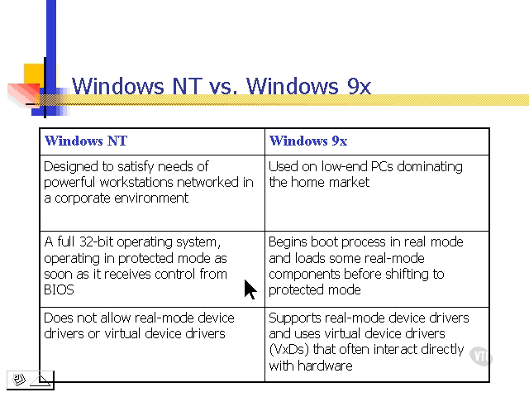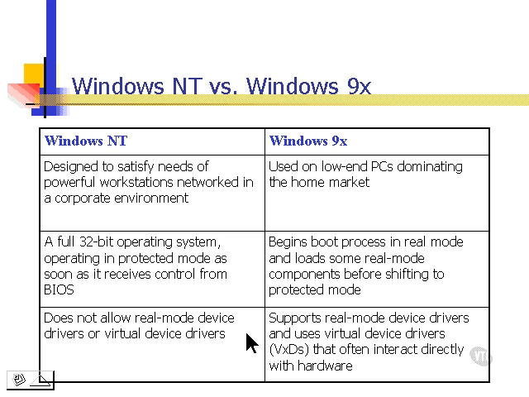Windows NT uses a full 32-bit operating system as soon as it receives control from BIOS. So at startup, BIOS turns over control to Windows NT, and Windows NT goes into 32-bit mode. From that point on, it does not allow any real mode device drivers or any virtual device drivers.